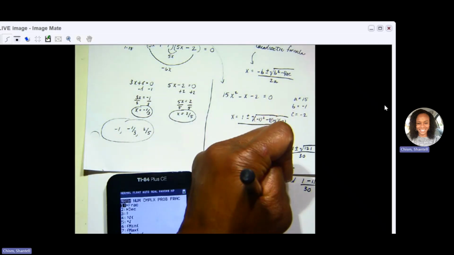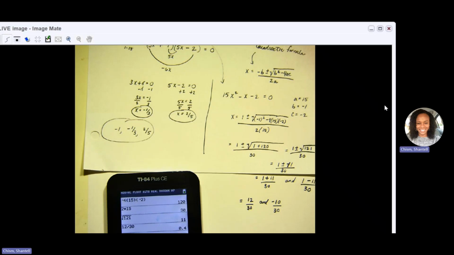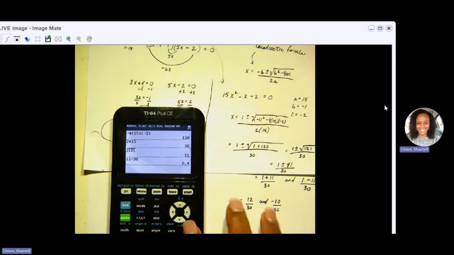So our solutions: 12 divided by 30 is 0.4, which we're going to change to a fraction. Let me show you that again. My calculator was hidden. So 12 divided by 30, we're going to press math, okay?